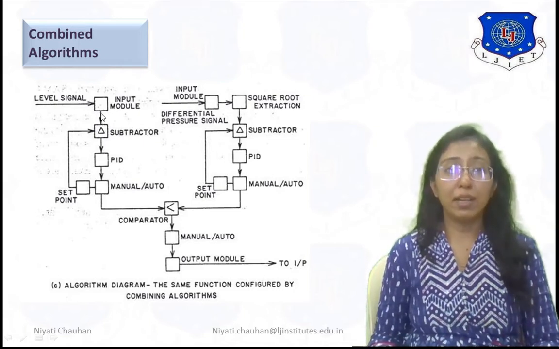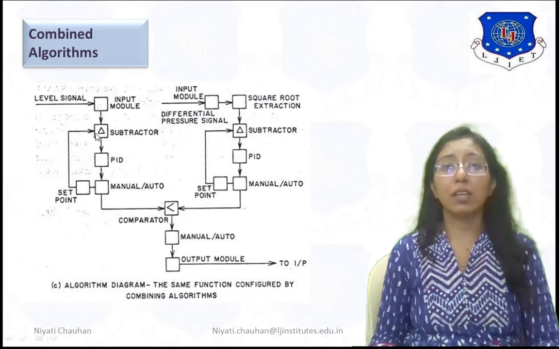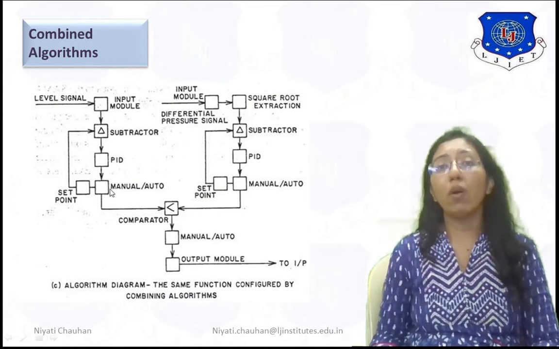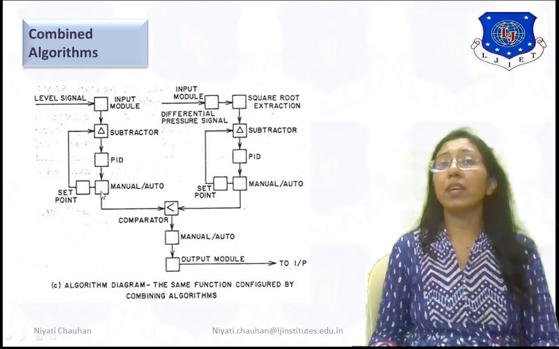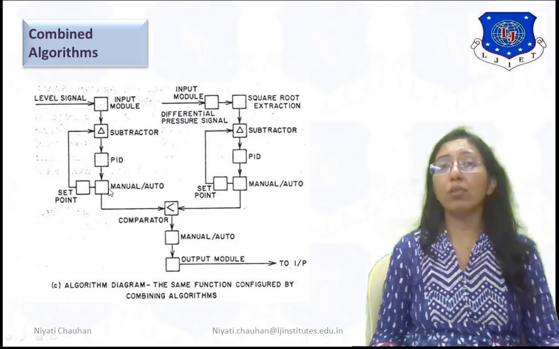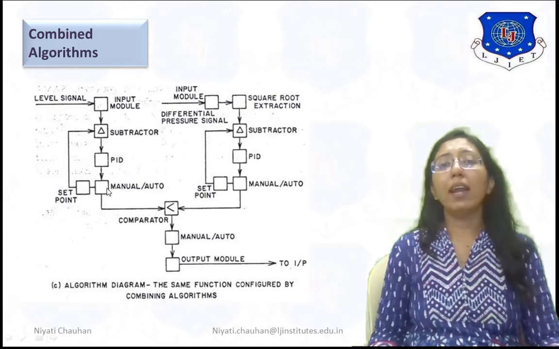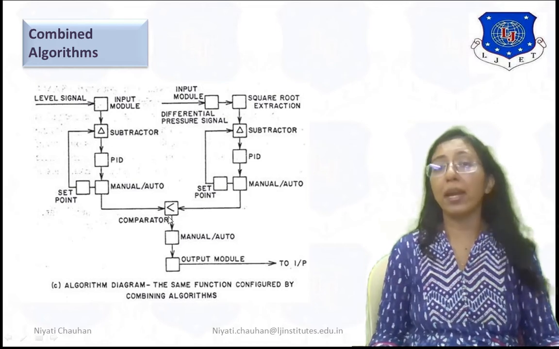From the subtractor the signal goes to PID, and from PID to auto manual mode. If we don't get the set value, the signal goes again in a closed loop. Then if we get the set value, the signal goes to the comparator.